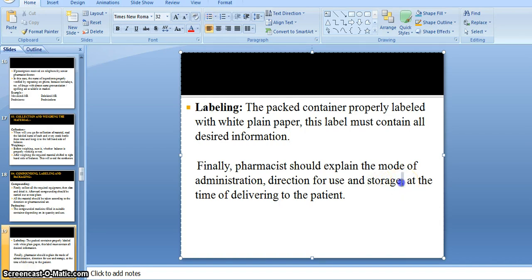All that storage information, direction for use and route of administration should be explained by the pharmacist during delivery to the patient.